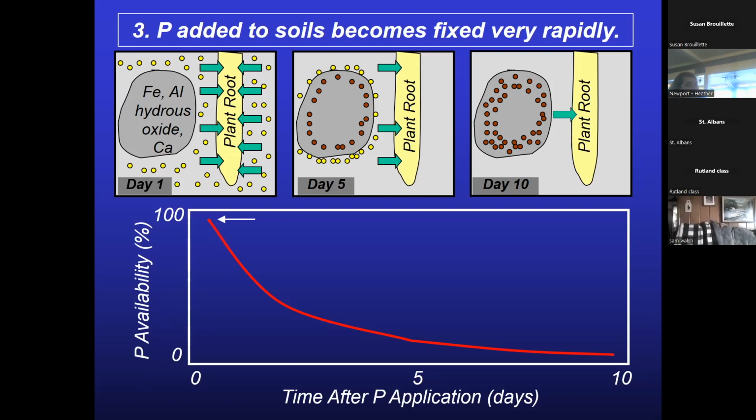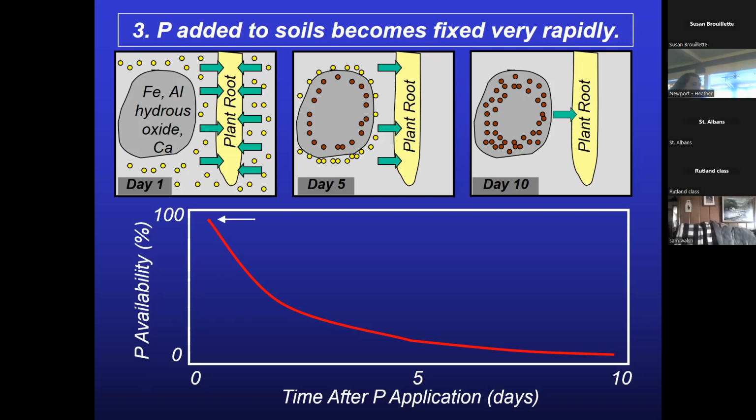So it's pretty immobile, which also means that in order for plant roots to actually access it, they need to grow to it. The phosphorus doesn't move to the plant. The plant actually has to move to the phosphorus.